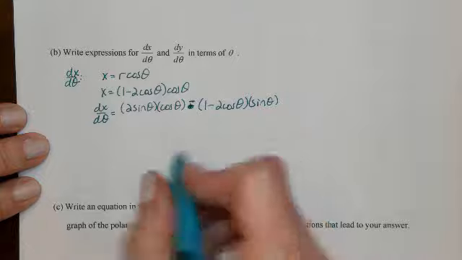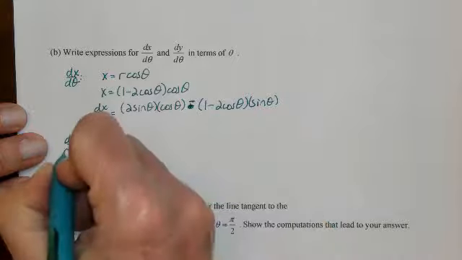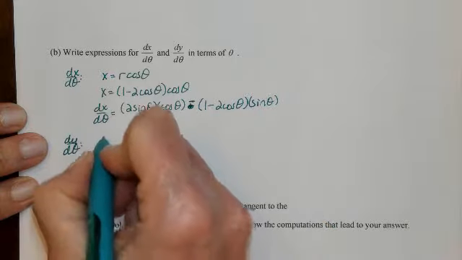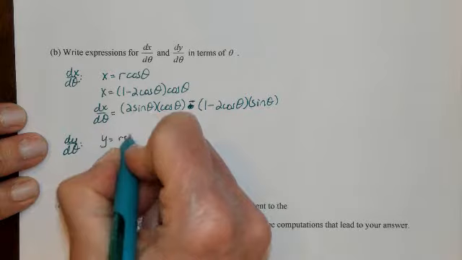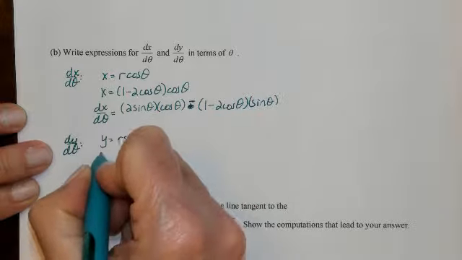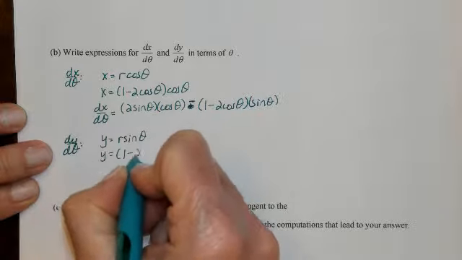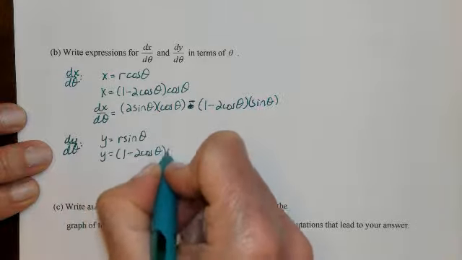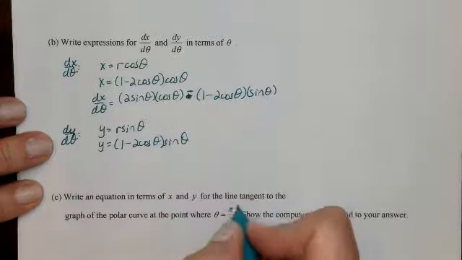Okay? Now for dy d theta. Well, y is equal to r sine theta, so y is equal to 1 minus 2 cosine theta times sine theta.